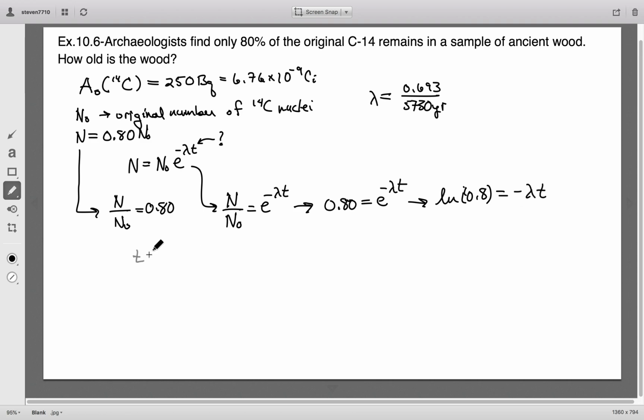Solve for t. We get t equals minus 1 over lambda times ln of 0.8. Insert what we know for lambda: ln of 0.8 over 0.693 over 5730 years.